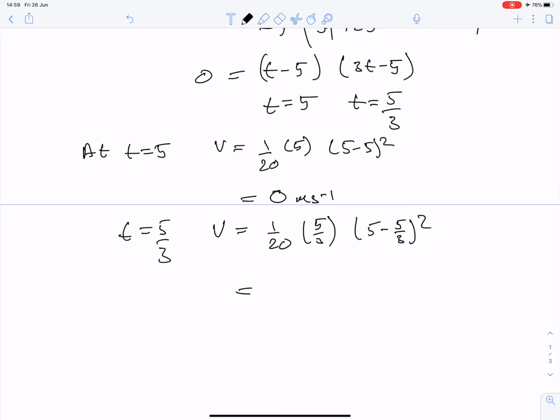So we get 1/20th of 5 over 3, so that's 1/12th, tidying that up, times 15 minus 5 is 10 over 3, squared, so we get 100 over 9 times 12, which is 108. So that is 25 over 27 meters per second. You could tap it in the calculator and it'll come out to be around 0.92, something like that.